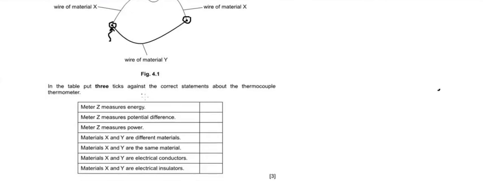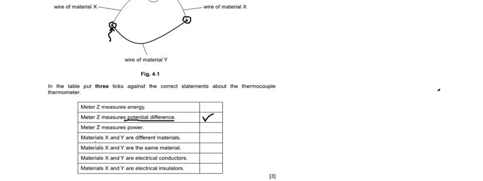They are saying it measures the energy, and we know it can't measure the energy. It is measuring the potential difference. So the second statement, meter Z measures the potential difference, and this is what we expected. So this can be our answer. So I put here a tick. Now the third one, meter Z measures the power, which is also incorrect.